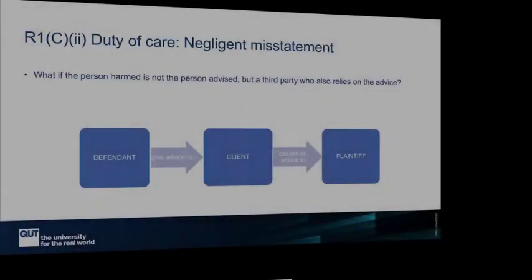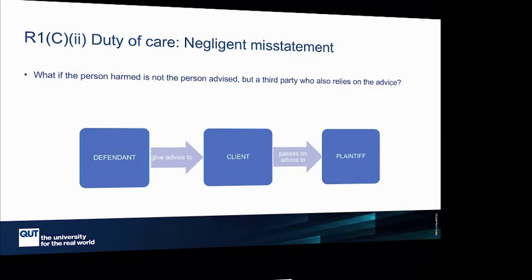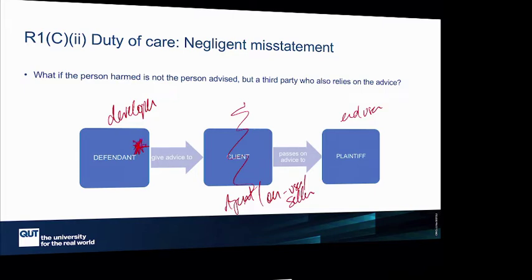So I really want to stress that this issue is, where there's an end user who's the plaintiff and there's a developer of the information who's separated by some form of agent or on-seller of the advice. When is this person, the originator of the advice, liable to a person?